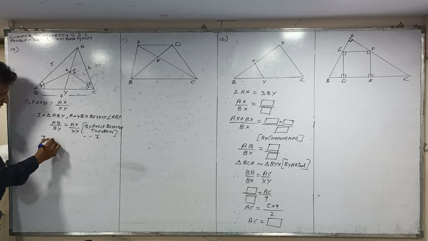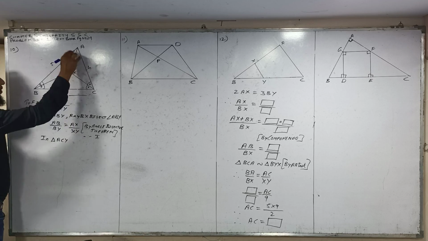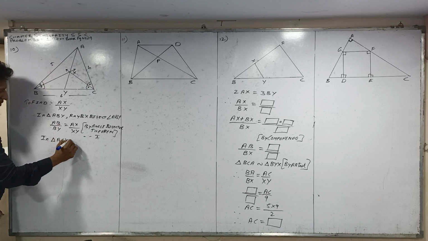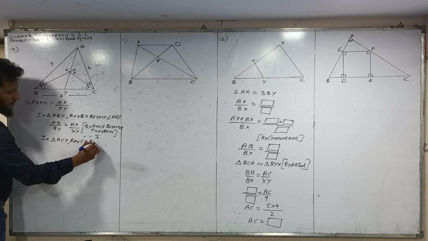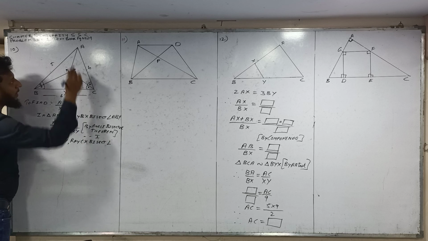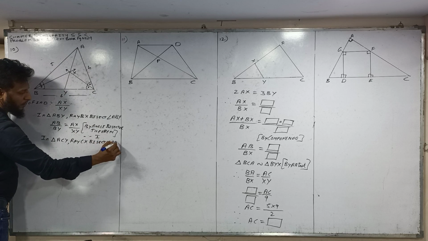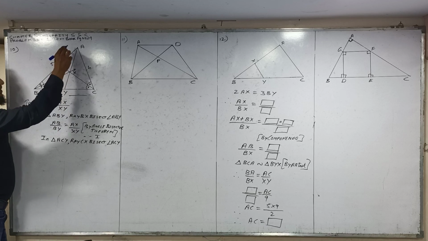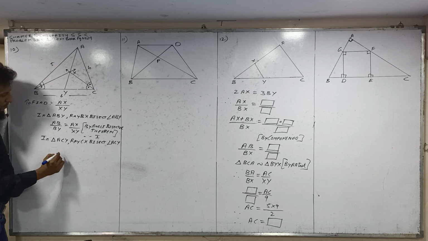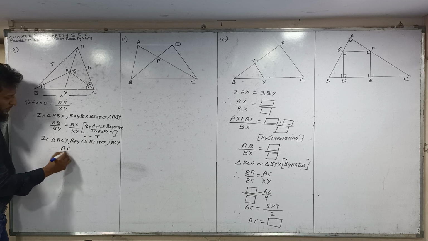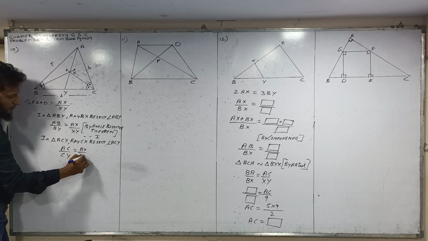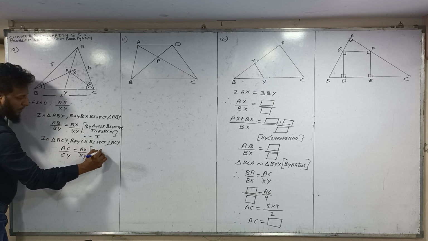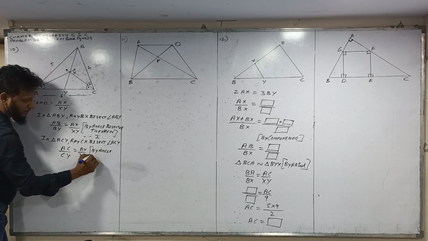In triangle ACY, ray CX bisects angle ACY. So by the angle bisector theorem, AC upon CY is equal to AX upon XY.